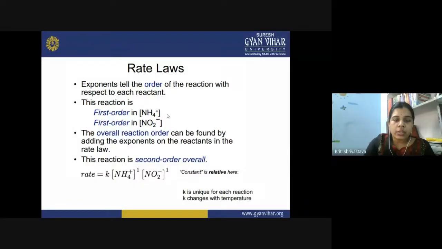So now you add the two exponents: one in the ammonium, one in the nitrite, and as a result the overall reaction order would be 2. So this reaction is second order overall. The rate constant k is unique for each reaction, and this k changes with temperature.